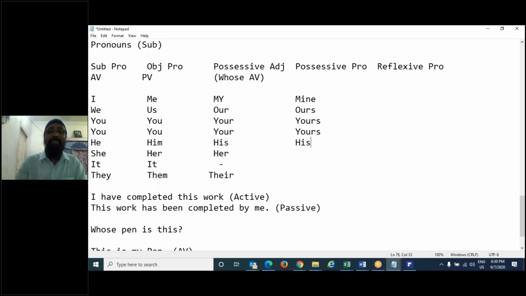His remains as his because the sound is there already in the s, and her becomes hers. And you can take in both the cases as its, right? And their becomes theirs.